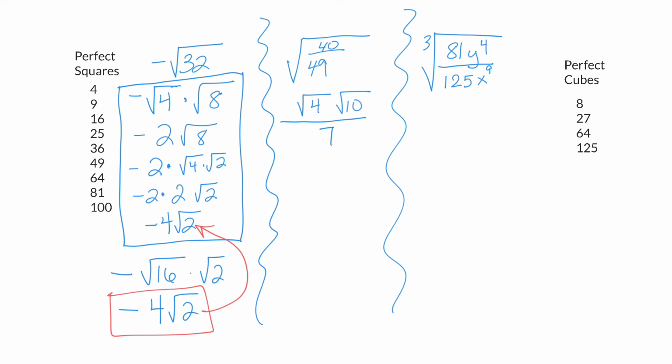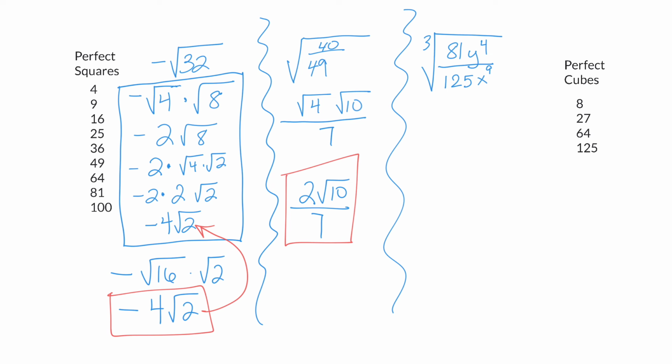So then what I have is a 2 square root of 10 over a 7. Sometimes we get lucky and we can maybe reduce, like this 2 and 7 could reduce. You cannot reduce with something that's outside of a radical with something that's inside of a radical. That's not allowed. But in the end, nothing here reduces anyway. I'm good with what I've got.